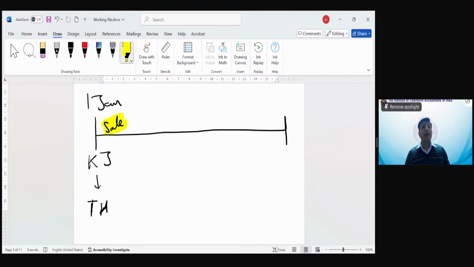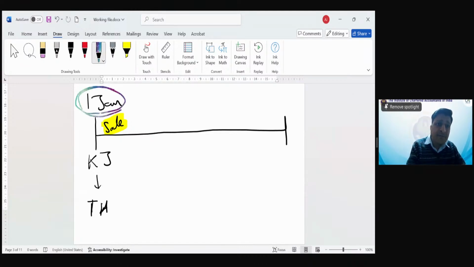But on this very day, they have also executed another contract, or you can say within the same contract, they have also added one more clause. And what does it require?